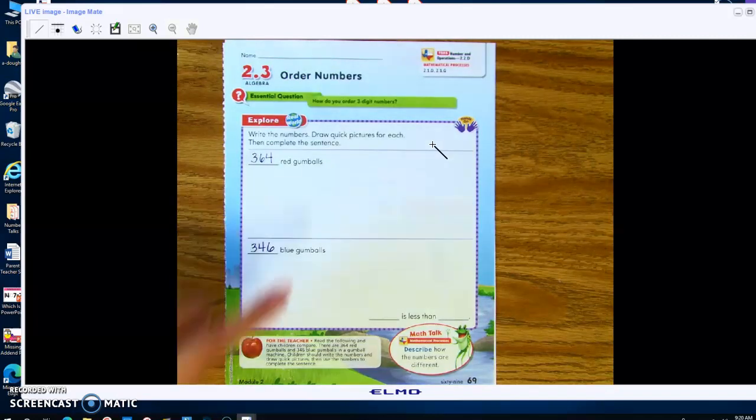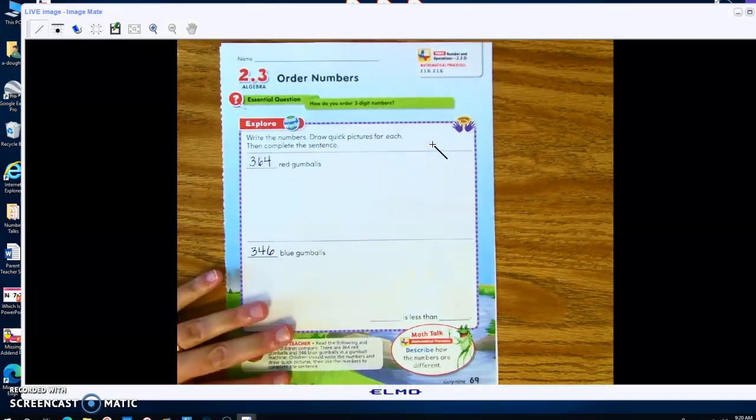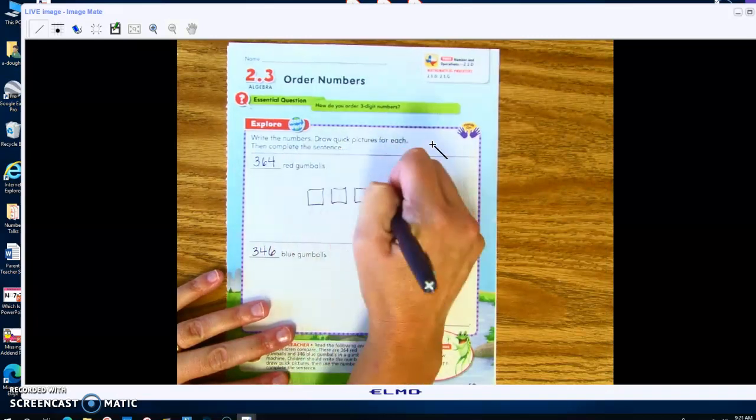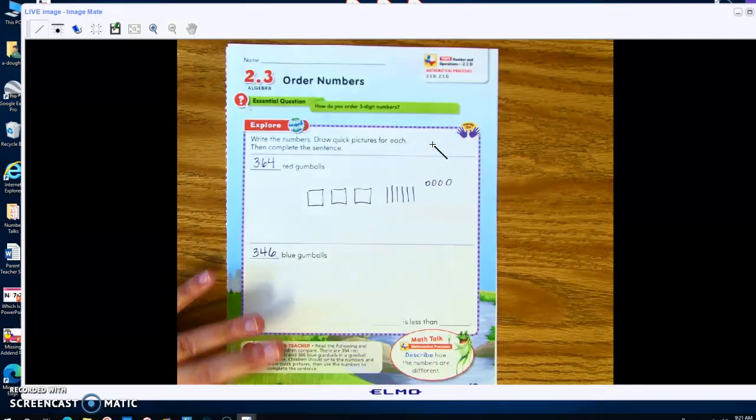Okay, I want you to draw the picture of 364, and I want you to draw the picture of 346. Draw both the numbers there.